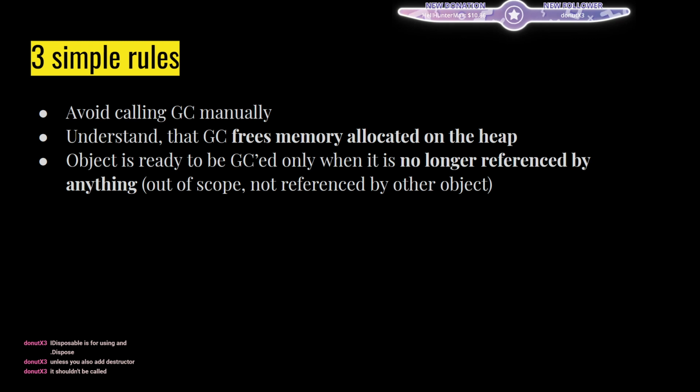It works with memory allocated on the heap, so with reference types or some other types that end up on the heap, but mostly reference types. And basically it collects an object. An object will be collected by garbage collector when it's no longer referenced by anything. So when it goes out of scope and nothing else references it, then it will be garbage collected.